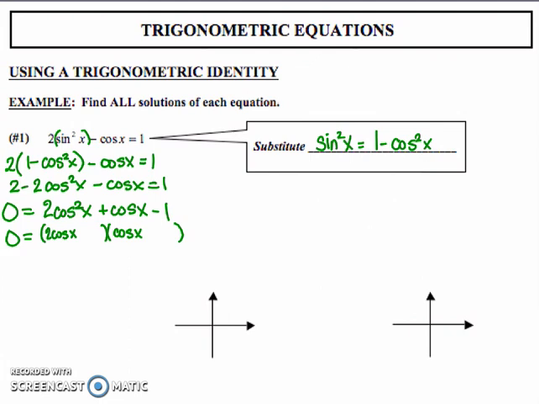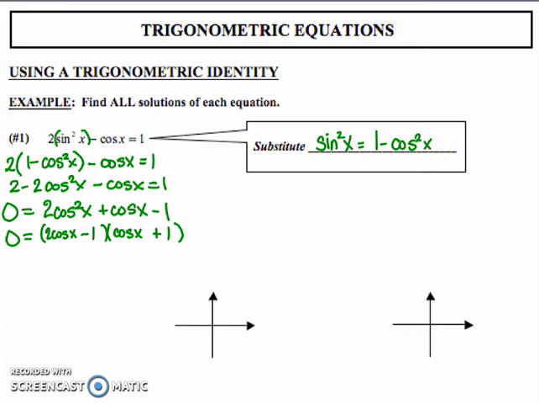And if I have a negative 1 at the end, I know I need a plus 1 and a minus 1. If I want a positive 1 in the middle, then I'm going to put my plus 1 here to match up with the 2 cos x and my minus 1 there. And if I check my work, my inners make negative cos x, my outers make positive 2 cos x, which adds to make 1 cos x in the middle. Okay, so my factoring is done.